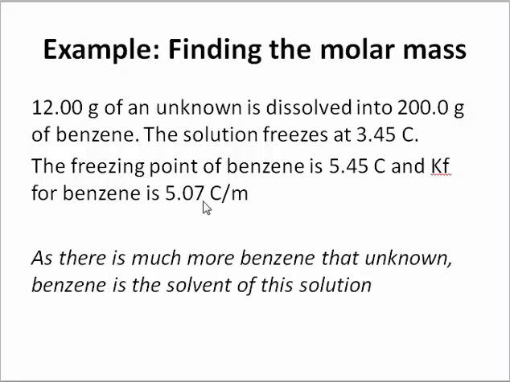We can determine the molar mass of this unknown solute. Note that since there's much more benzene than unknown, benzene is again the solvent, and we are depressing the freezing point of the solvent. You have everything you need to solve for the molar mass of this unknown. You may attempt that before continuing.